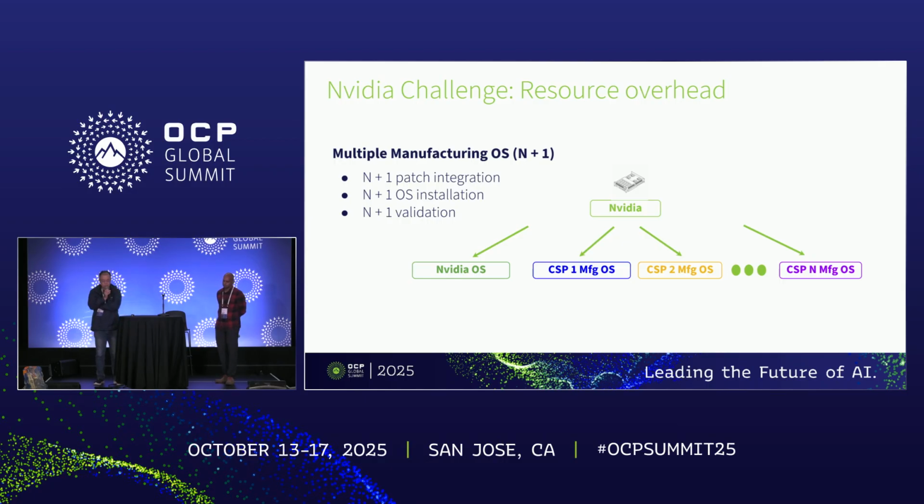In NVIDIA, for example on GB200, when we do our product, we have our own OS, so we will do the patch, install the OS, and do the validation using our OS. But let's say one of our CSPs asks us to support their OS, and NVIDIA has to spend extra effort on this. Let's say we have end customers asking this too. That means we need to support N+1 validation.